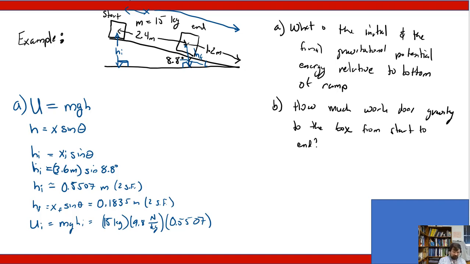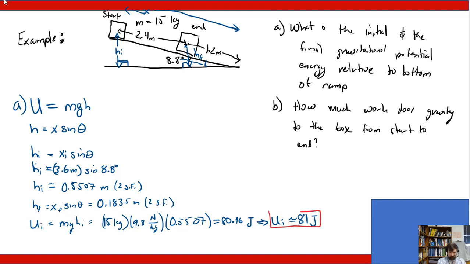So enter all that into the calculator, and we get 80.96. Remember that the unit is joules. Rounding to 2 sig figs, this is about 81 joules.